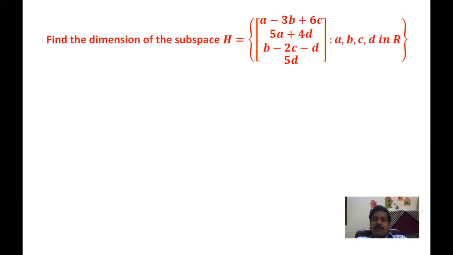For different real values of A, B, C, D, you will get different matrices. Those all form the subspace H.